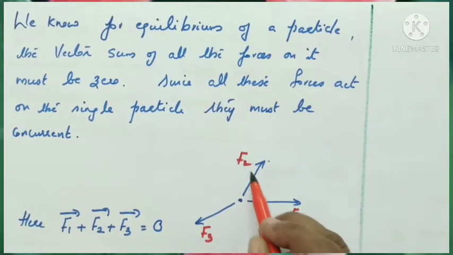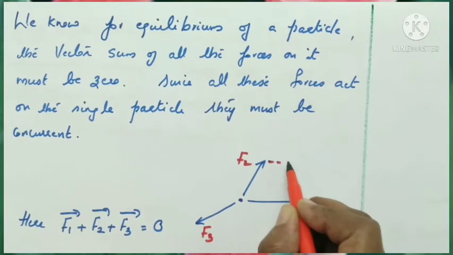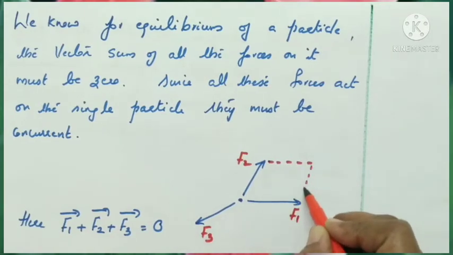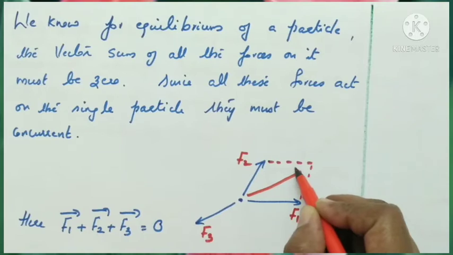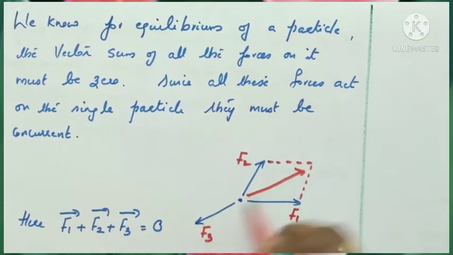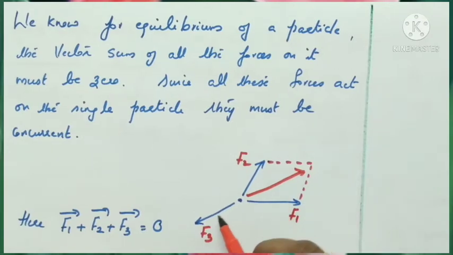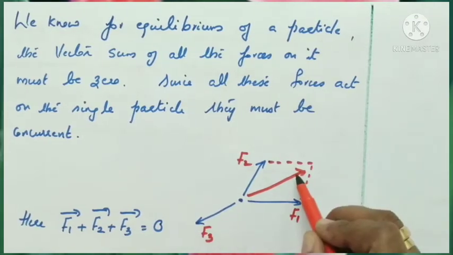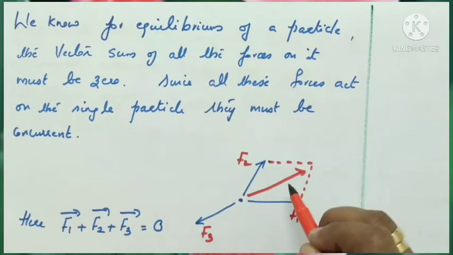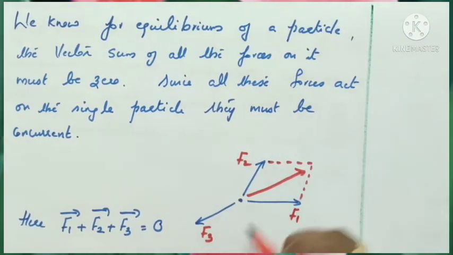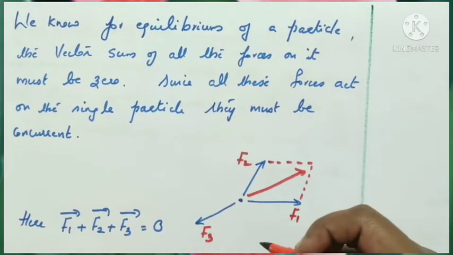So considering F1 and F2, what is the direction of the resultant? If you complete the parallelogram, this is the direction of the resultant. And this resultant and F3 are in the opposite direction. Clear, children? So F3 and the resultant of F1 and F2 are in the opposite direction, and hence what is the net force? Net force is equal to 0.